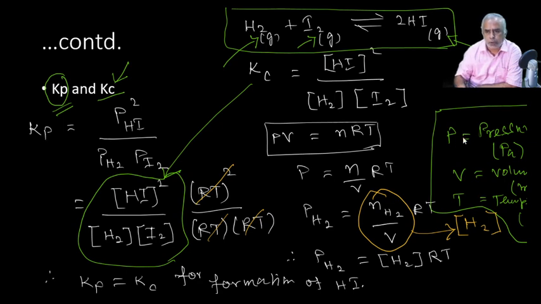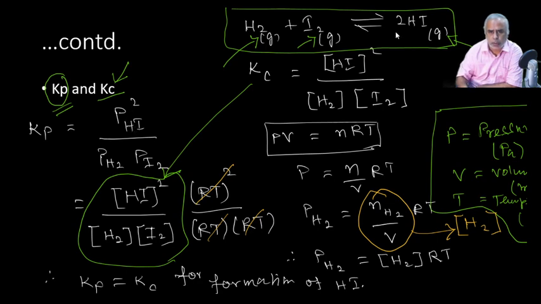Pressure is given in the unit Pascal, volume in cubic meter, temperature in Kelvin. Kp is equal to, instead of molar concentration, the concentration term or the active mass, since it is based on the partial pressure, we can introduce the partial pressure term. So PHI squared.